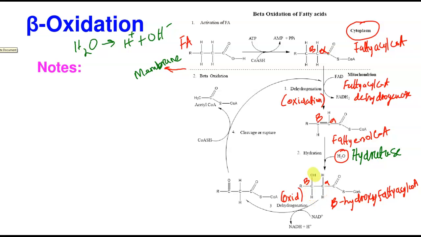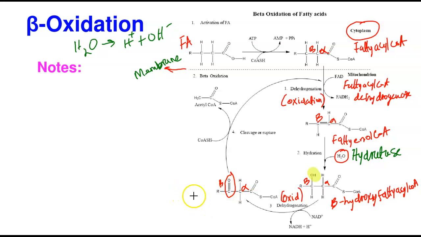So of the removal of those two hydrogens, one of them is taken. Remember, anytime you have NAD plus to be reduced, it accepts one hydrogen, and the other hydrogen is floating. So these are those two hydrogens that are lost from here. Losing these makes it form what? When you remove one hydrogen and another hydrogen here, it forms a ketone group at this beta carbon. Remember, this is still the beta carbon, and this is the alpha. So this molecule now has a new name because this carbonyl group, or the keto group, is on the beta carbon.